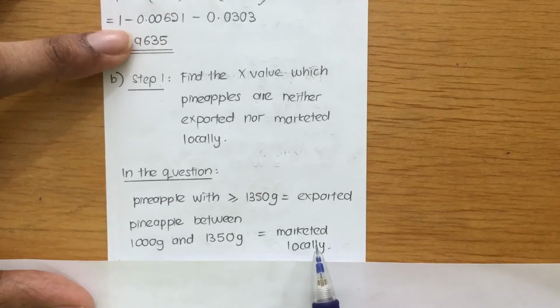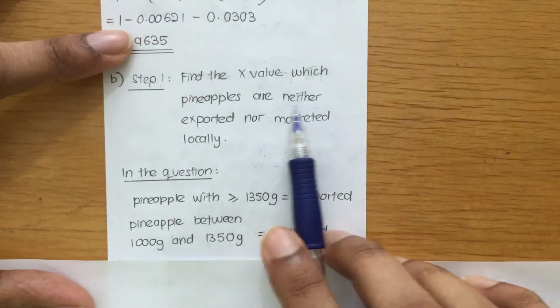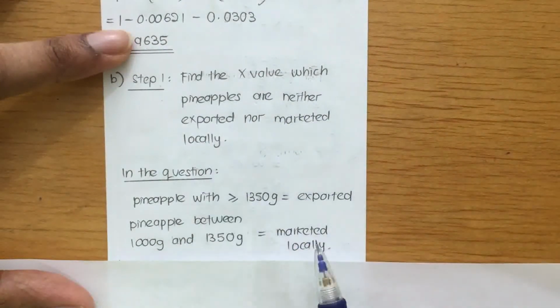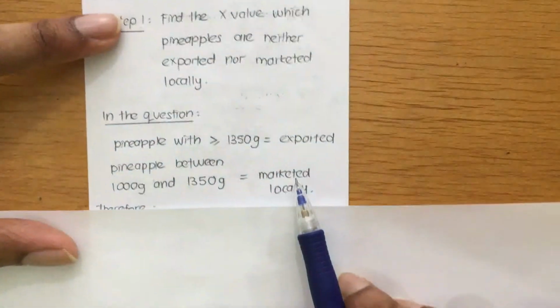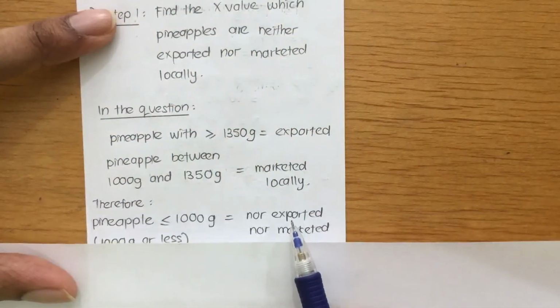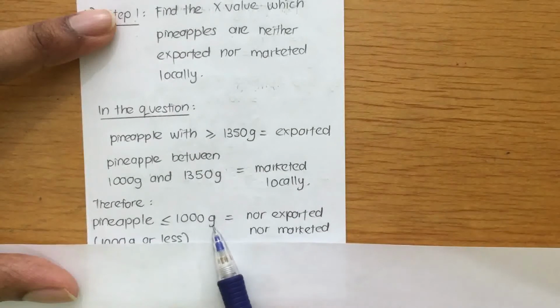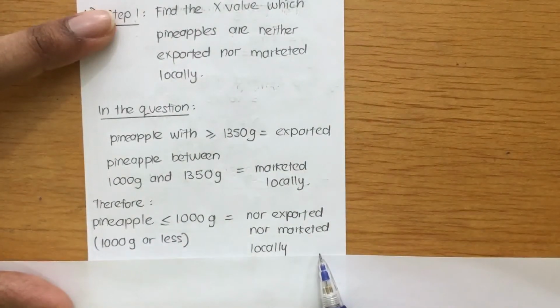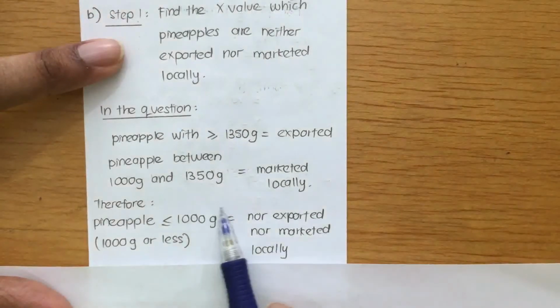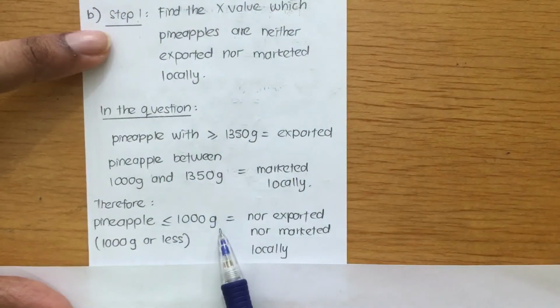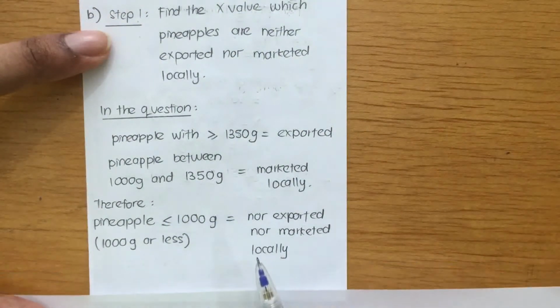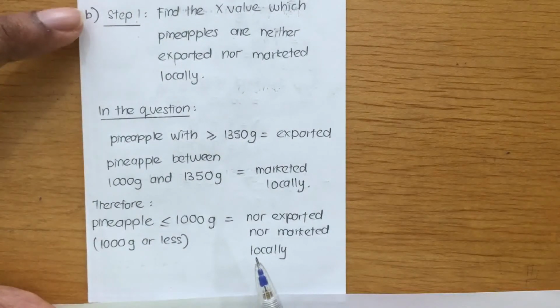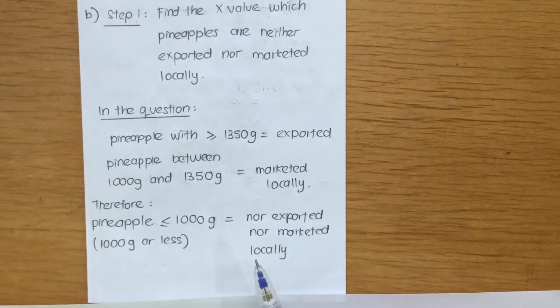So we need to find the value which is neither exported nor marketed locally. Therefore, we can conclude that pineapples which are less than or equal to 1000 gram will be neither exported nor marketed. So this will be our first step, guys. We have already identified the X value. Let me turn to the next page. Please hold on for a moment, guys.